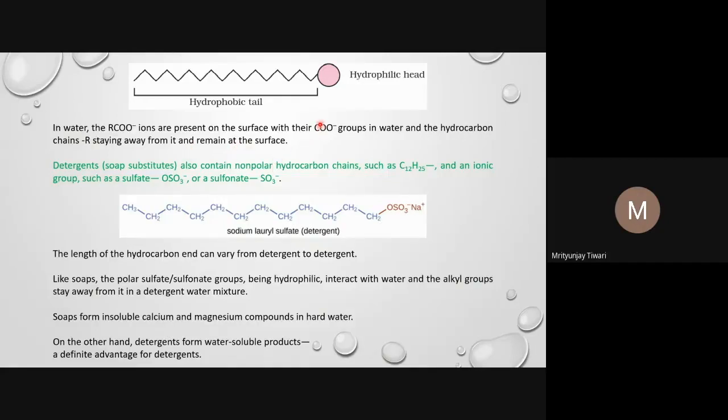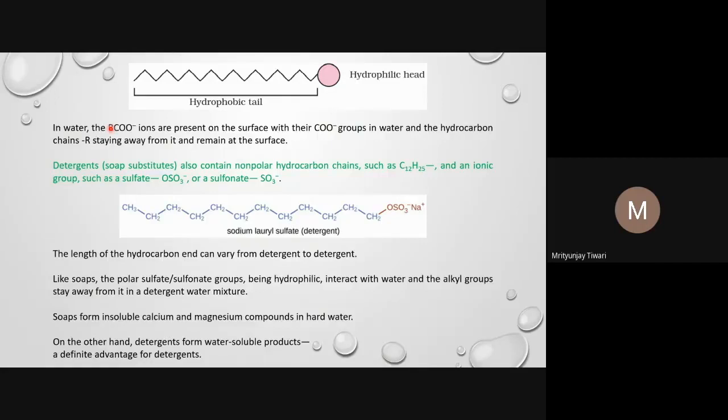At very low concentration, the COO minus ion has a great affinity with water, so it will be dipped in water. The R group doesn't like to interact with water. It is hydrophobic, so it will stay away from the water.